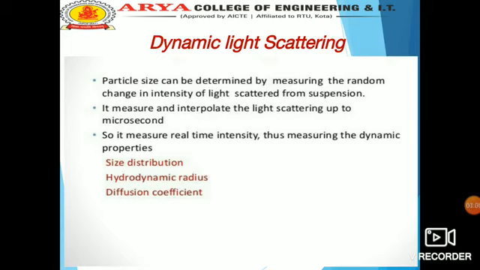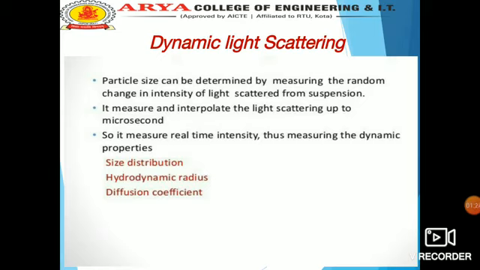Now, in dynamic light scattering, particle size can be determined by measuring the random change in intensity of light scattered from a suspension. It measures and interpolates the light scattering up to microseconds.